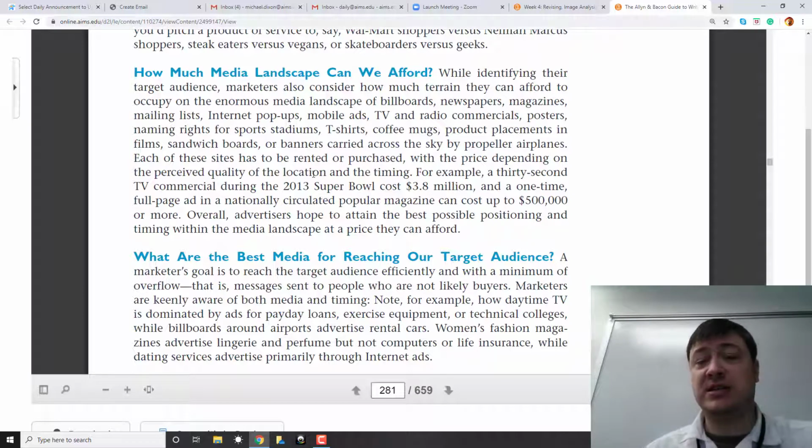Each of these has to be purchased. And in today's day and age, media landscape is a big deal, especially this idea that in our modern day we have something called our digital footprint that I talk about.